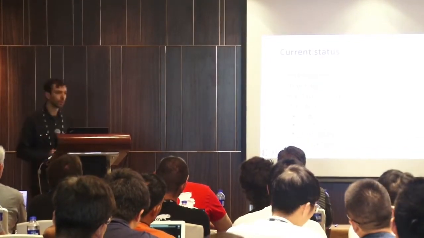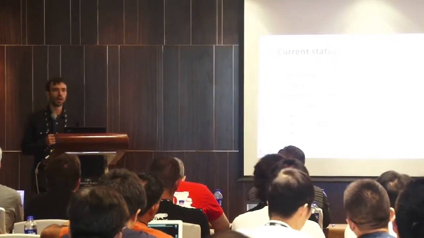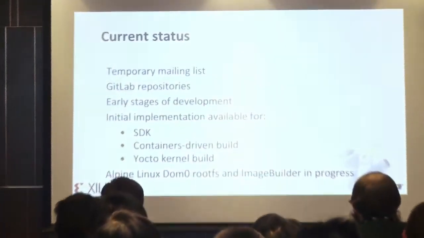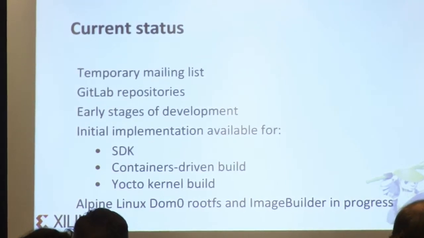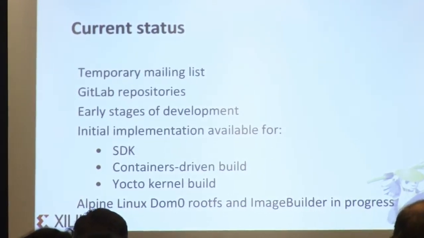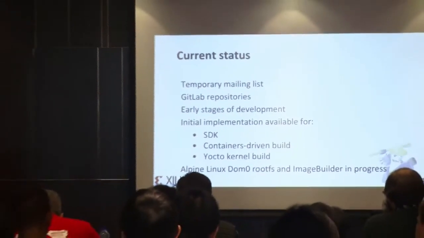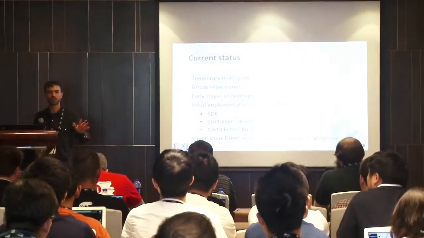Okay, so I'm going to tell you about the current status, and then I'm ready to answer all your questions about this project. What the current status is: we have a temporary mailing list because it's not actually an official sub-project yet, so we are looking forward to moving to an official and public mailing list. We have GitLab repositories, so we chose GitLab way before the Microsoft acquisition.